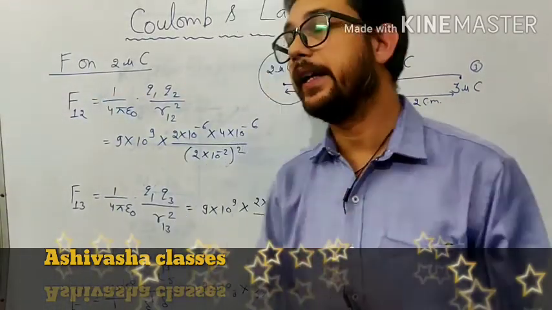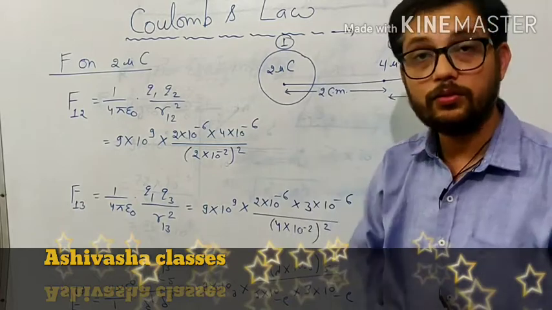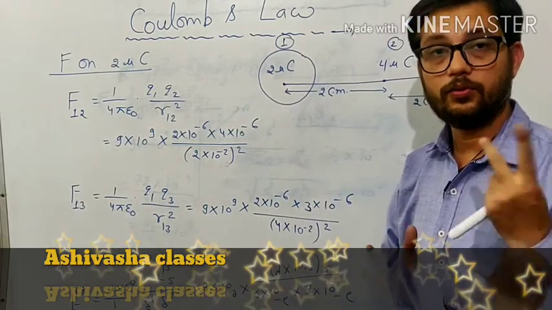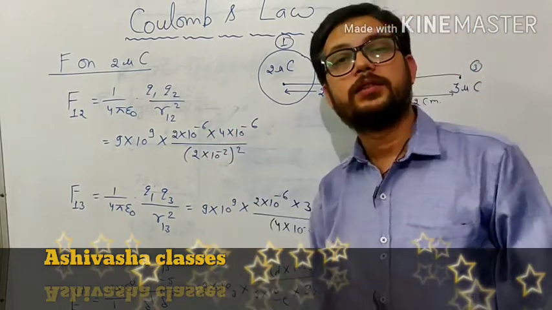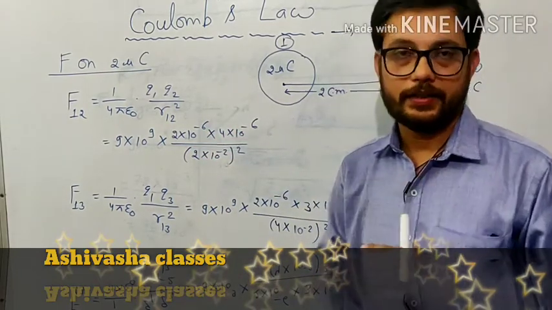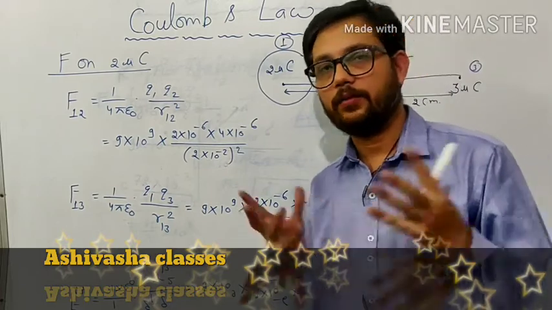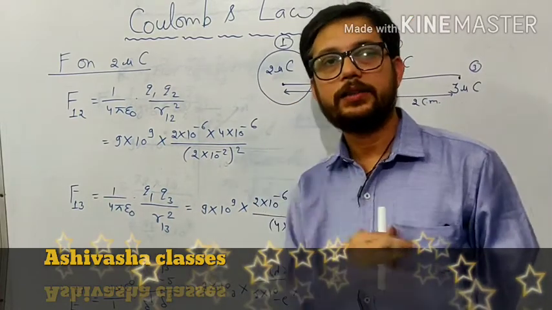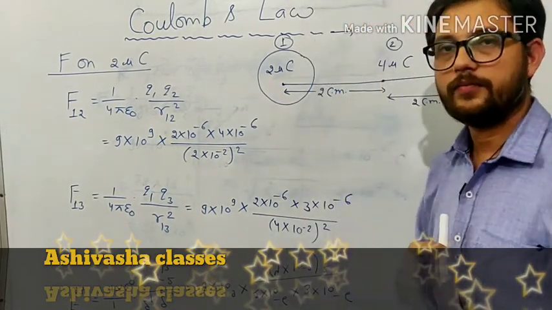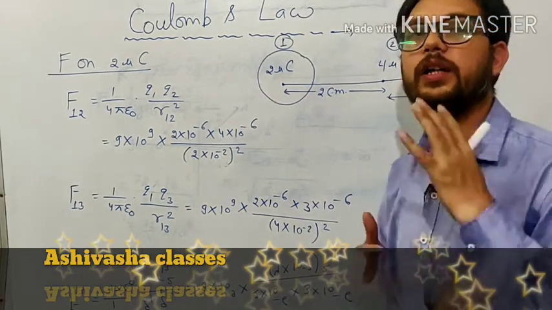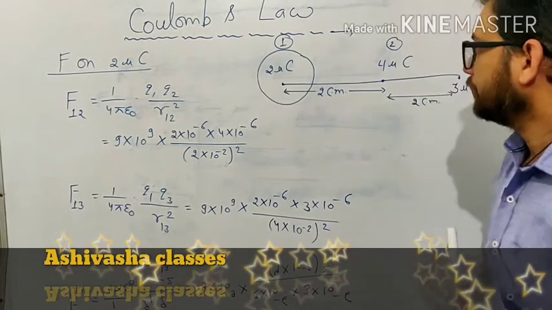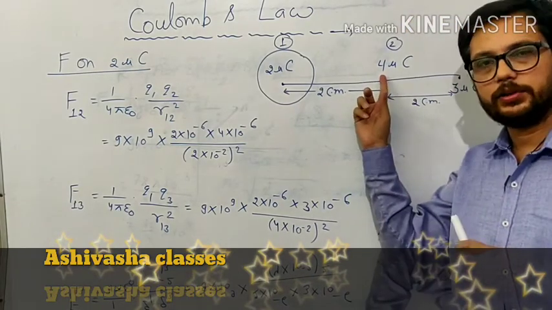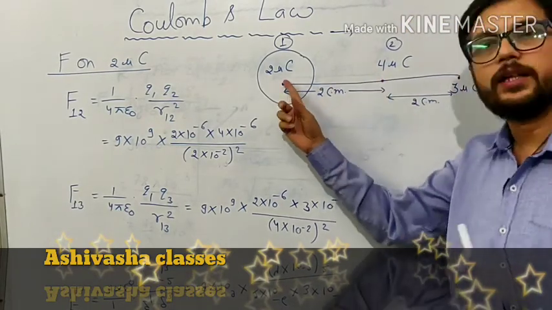In such a condition, if we have more than one force, two forces or more than two forces, then we have to apply the vector addition. Vector addition I have already discussed. We have two methods, if we know the angles or if we don't know the angles. So firstly, we will see in this question, this is a positive charge, this is also a positive charge.